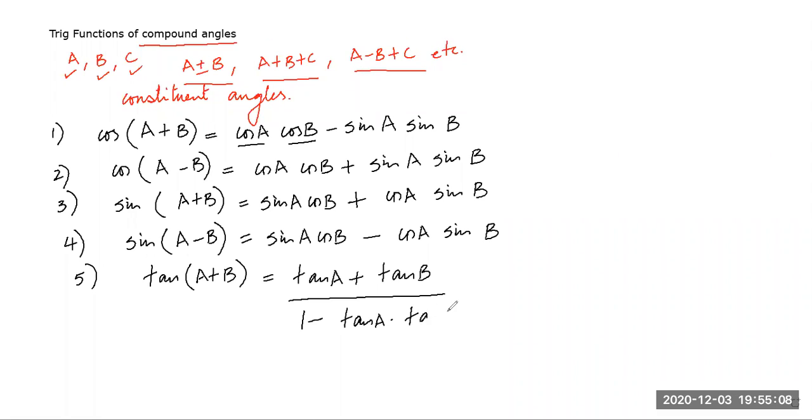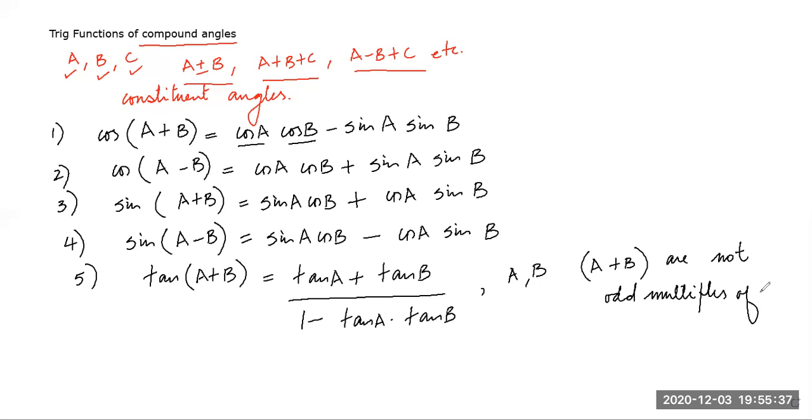into tan B. Well, it's important to state here that A, B, and A plus B are not odd multiples of pi by 2. Why?